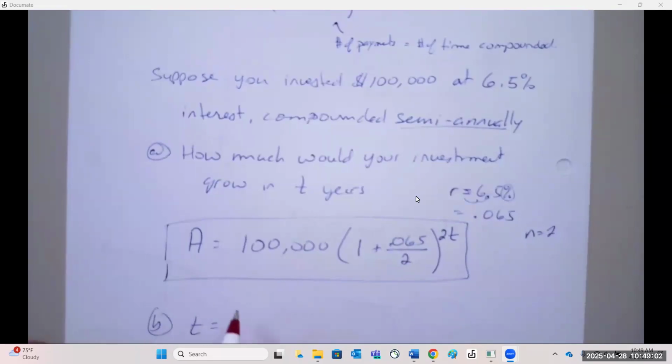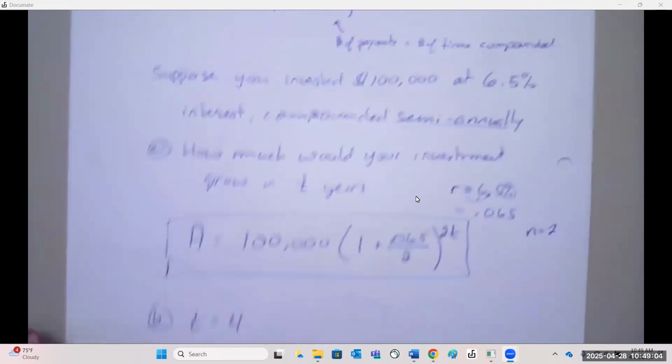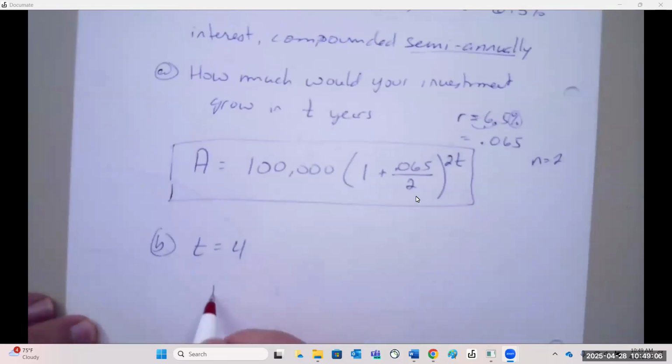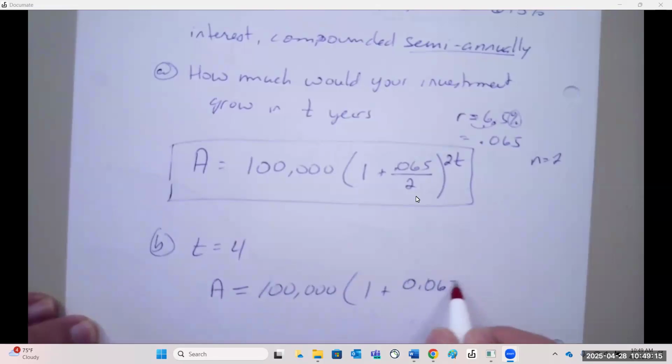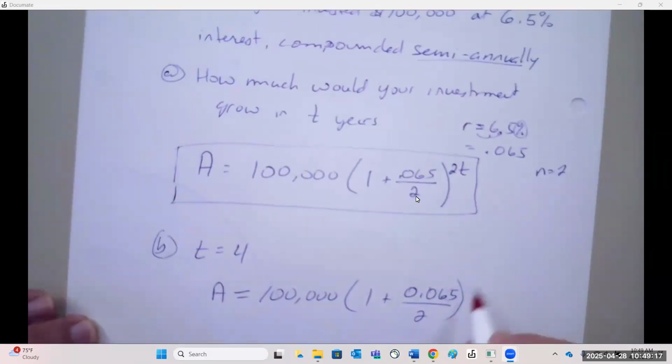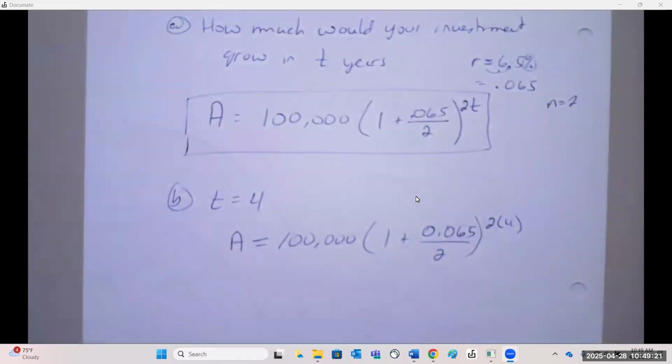What if T equals 4 years? So it's 100,000 times 1 plus 0.065 over 2, to the power 2 times 4. And whatever that number is, that would be it.